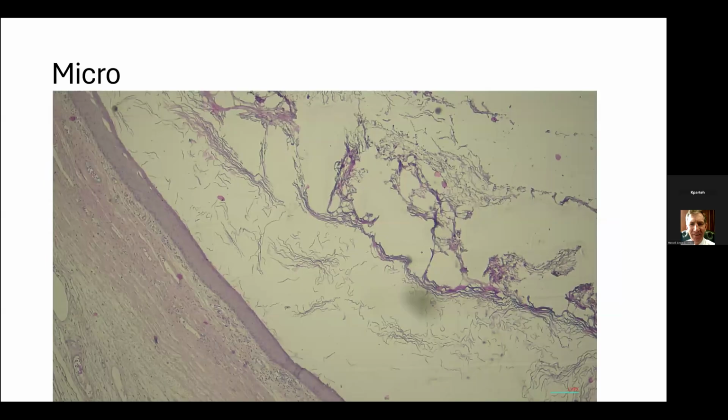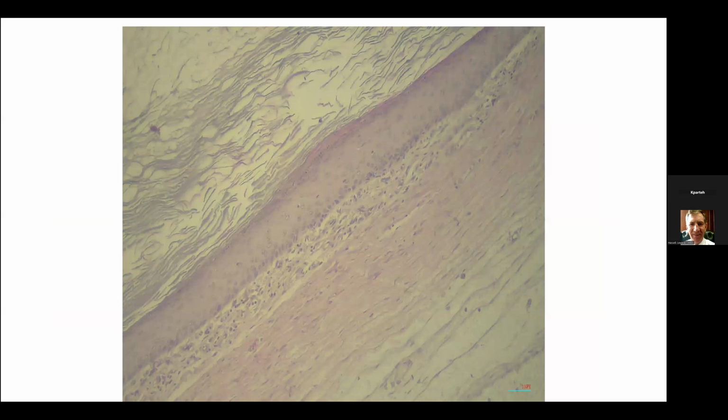Macroscopically, the entire tumor was mainly a cyst that contains squamous material, lined by stratified squamous keratinized epithelium with a granular layer resting on a fibrous wall with vessels and mature adipocytes. This is a high power magnification of the stratified squamous epithelium, and towards the right side you see the fibrous wall.